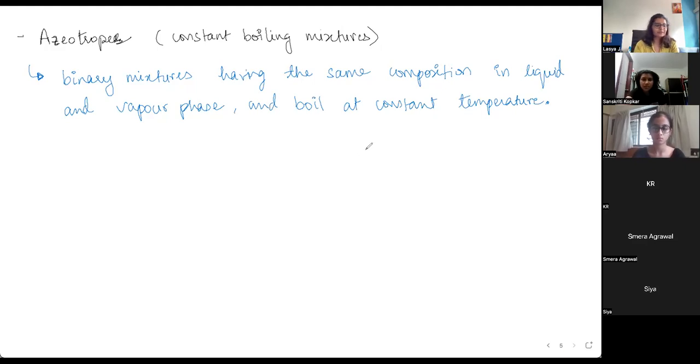Okay. So these sort of mixtures are called azeotropic mixtures, or you can just call them azeotropes. So let's look at it step by step. Once you guys are finished writing, then we'll pick this apart and figure out what it is.